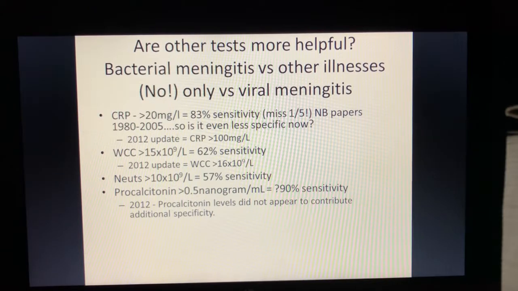NICE have said that although in some studies it suggests a 90% sensitivity, the evidence update in 2012 said that procalcitonin levels didn't appear to contribute any additional specificity to the currently used tests.